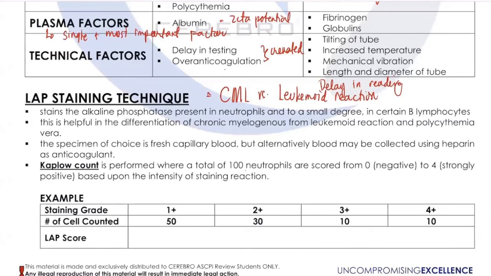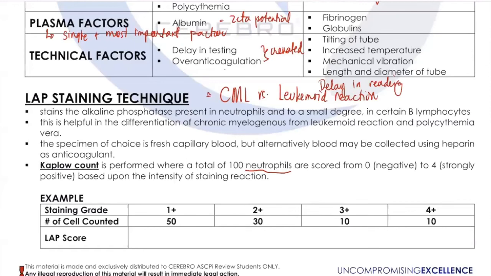Take note, we are only counting the neutrophils, and we are scoring their staining intensity from 0 to 4. So, you are performing something like a differential count. It's just that what you are classifying here is the staining intensity of the neutrophils. All you have to do is to grade them from 0 to 4 plus.